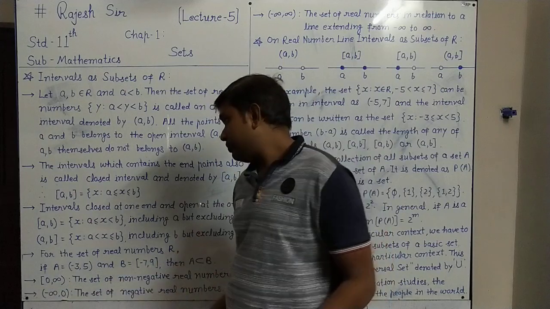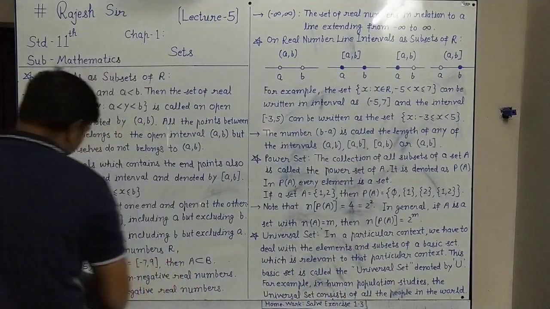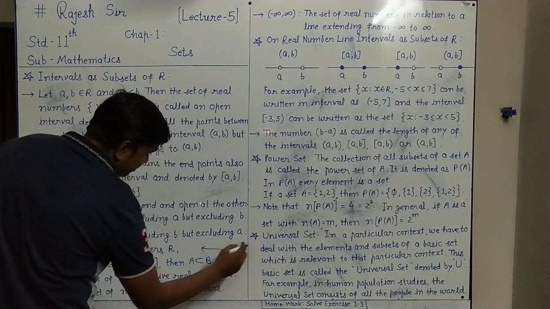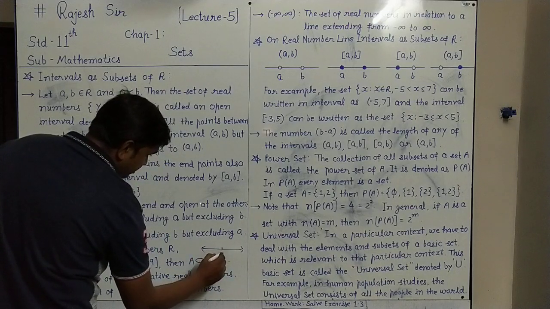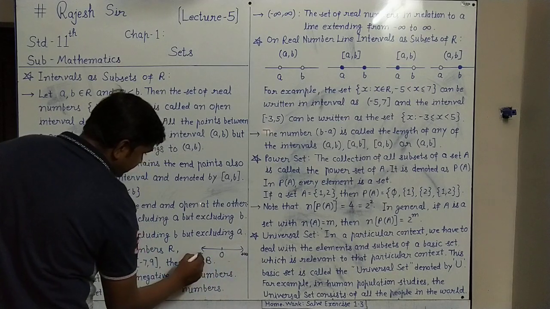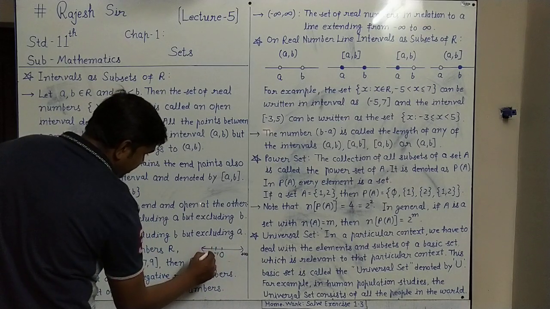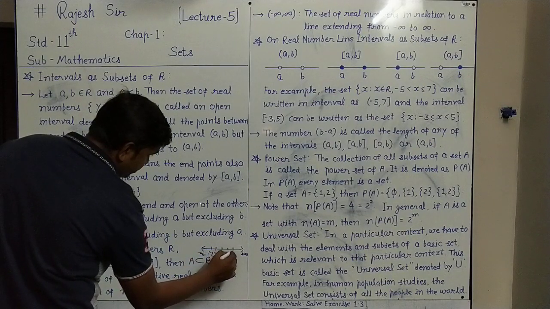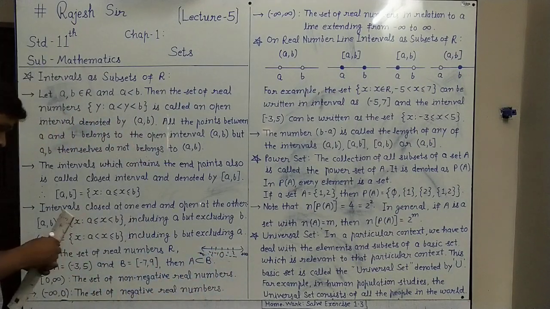Here, if I draw the real number line, as you know, the real number line is between 0 and positive infinity on this side, and on the other side minus infinity, with minus 1, minus 2 and so on. Here 1, 2 and so on are positive numbers.